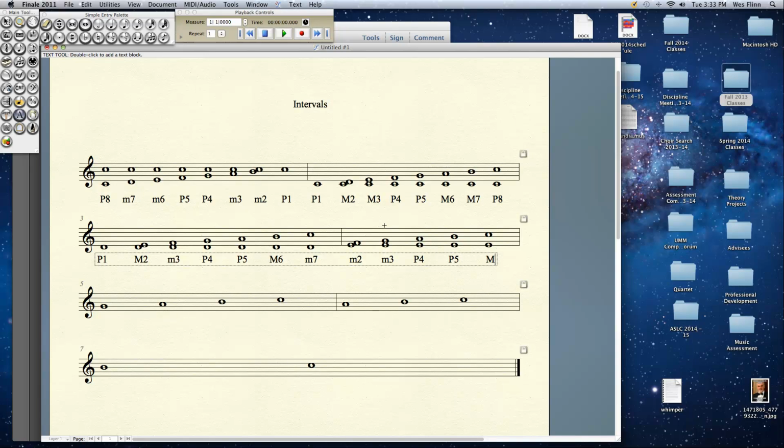That's a minor sixth, because a major sixth would have 5.5 steps, and this is just simply 5 steps. All right, so continuing on here. Something interesting starts to happen as we look at these last couple ones here.